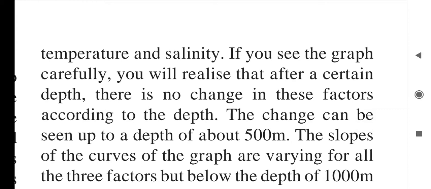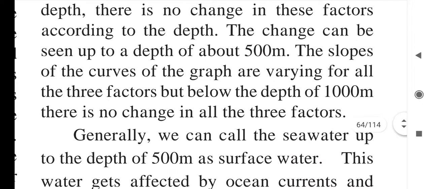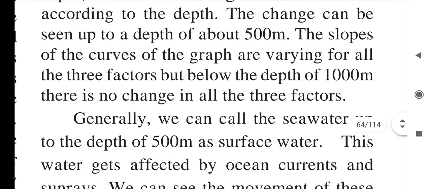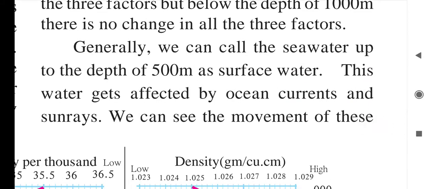The slope of the curves of the graph varies a lot for all three factors above the depth of 1000 meter. There is no change in all three factors after the depth of 2000 meter. Generally we call sea water up to the depth of 500 meter surface water.